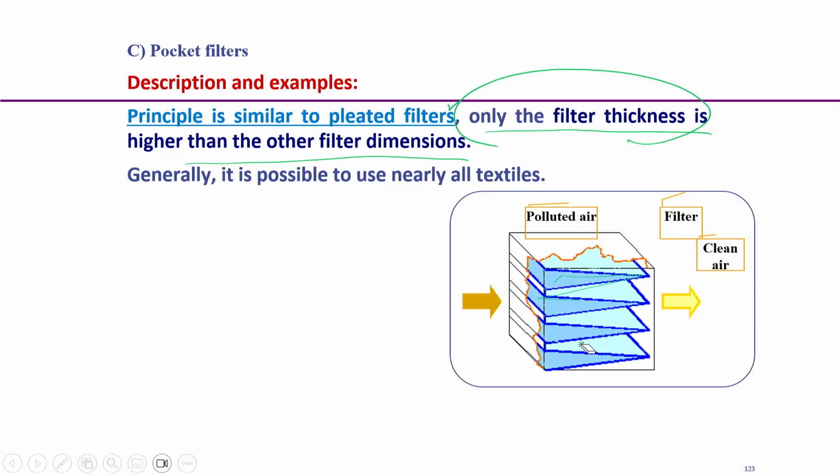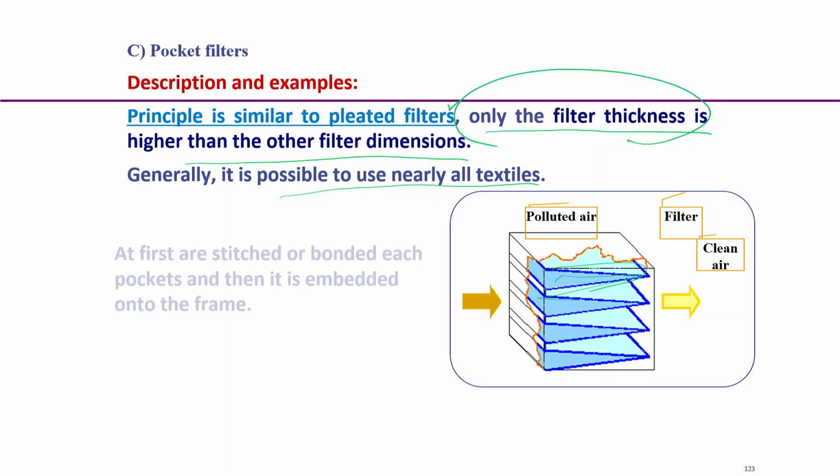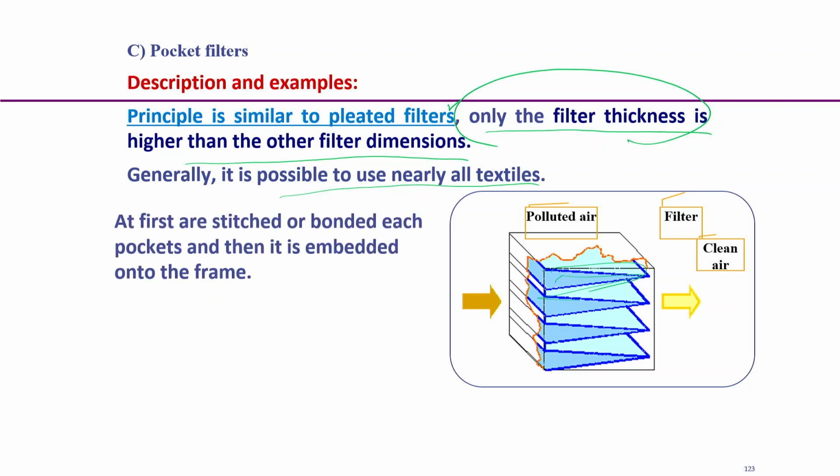So, generally it is possible to use nearly all filters. It is not necessary that it has to be stiff like the pleated filter. The pocket filter forms the pockets. At first they are stitched or bonded. So, you have to stitch or bond the pocket, then it is embedded in a frame.